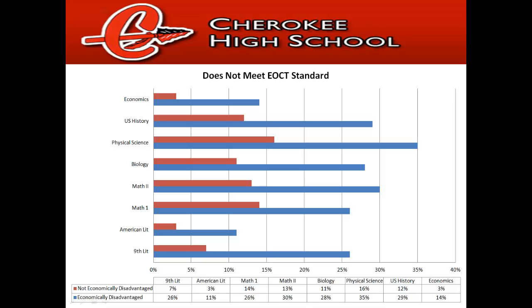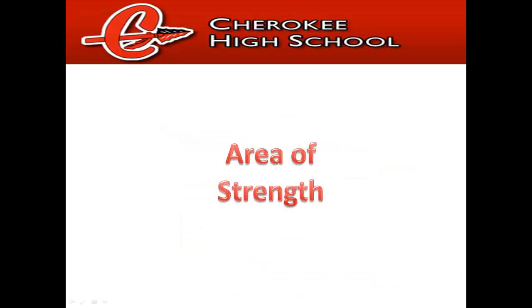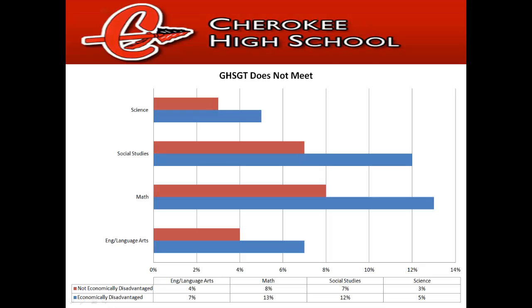However, there is some good news as well regarding our not economically disadvantaged and economically disadvantaged students. And that is on the high school graduation test. If you look at the difference between our not economically disadvantaged students and our economically disadvantaged students who did not meet the standards, in English and language arts, there's only a 3% difference.